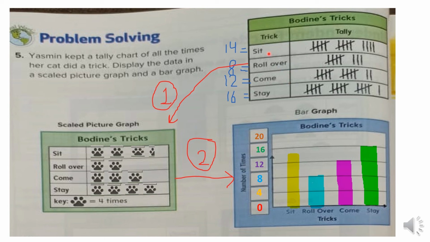So here I have sit, roll over, come and stay. These are the tricks her cat did. So let's count together how many times her cat did the trick of sitting. So here the tally marks. Here I have 5 and 5 give me 10 and 4 give me 14.